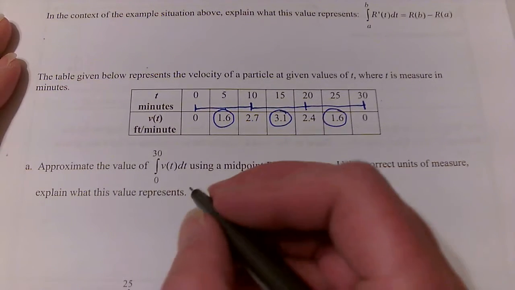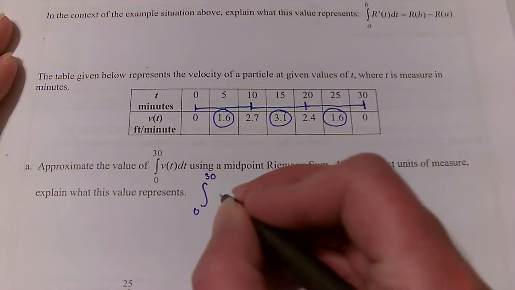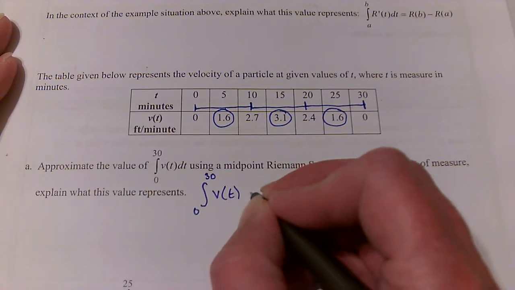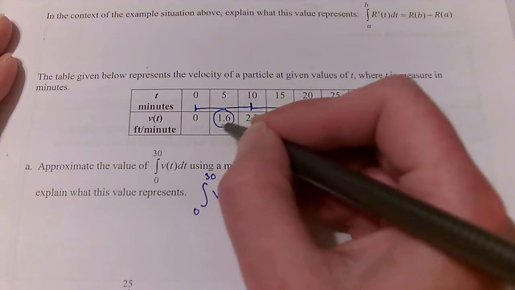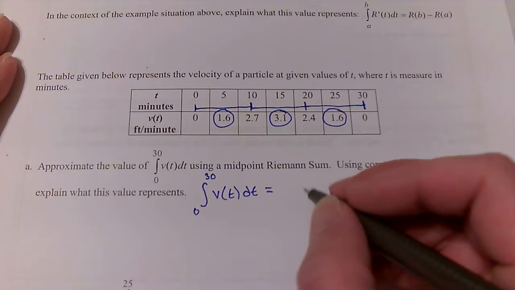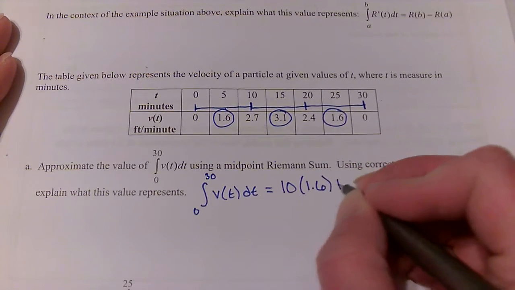So the approximate value of the integral from 0 to 30 of v of t dt equals, so this would be one rectangle, the width would be 10, and the height would be 1.6.